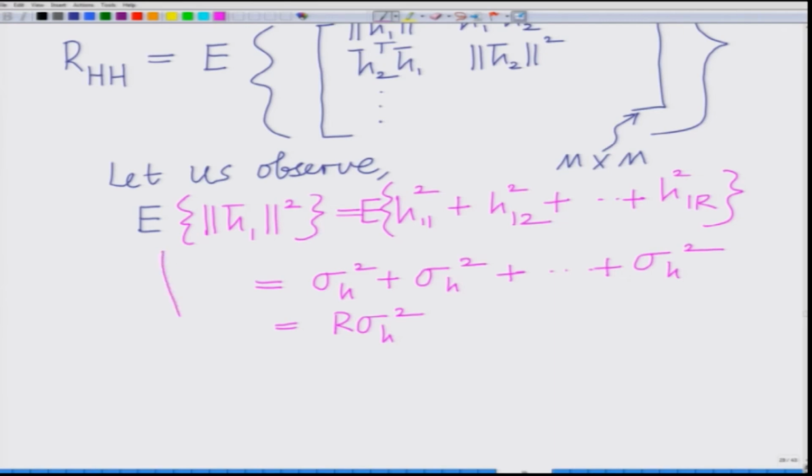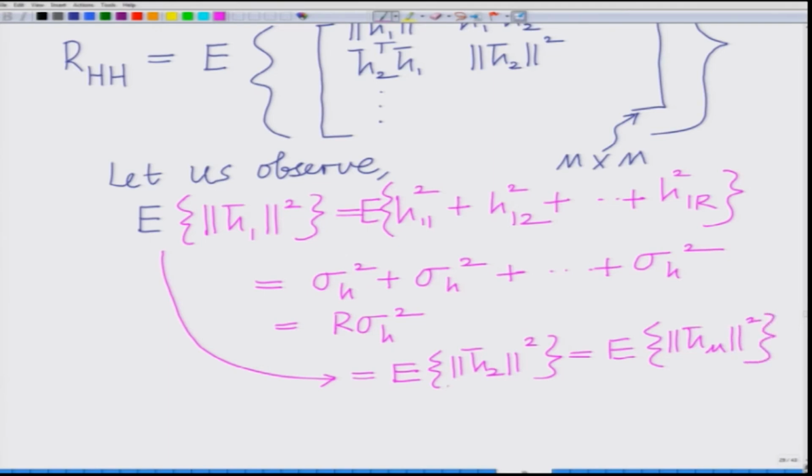Similarly, because all of them are identical, the expected value of norm H2 bar square, up to the expected value of norm HM bar square, is each equal to R sigma H square.